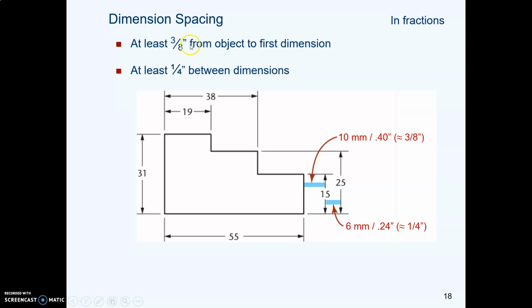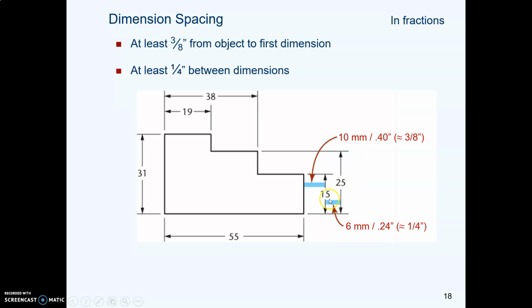I'm going for 3/8. And then 0.24 apart for subsequent dimensions, that's approximately 1/4 of an inch. I'm going for 1/4. That's totally fine. They must be at least that far away and at least that far apart. They can be more, they just can't be closer.